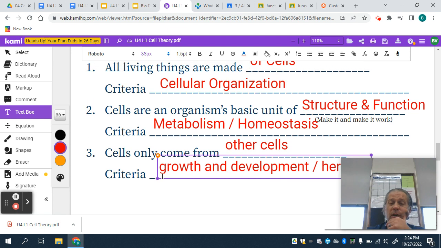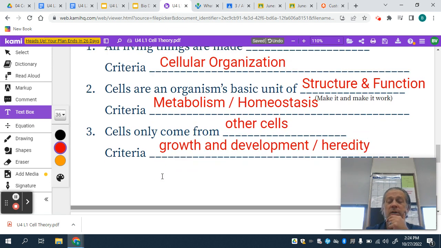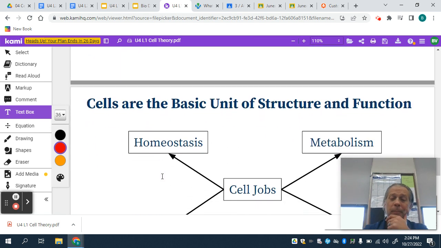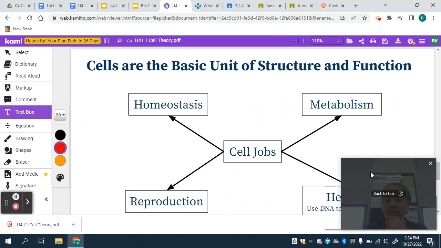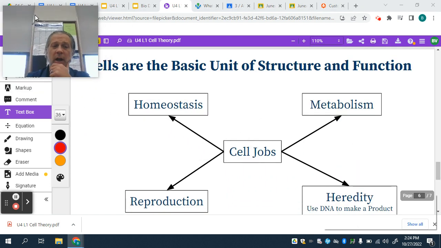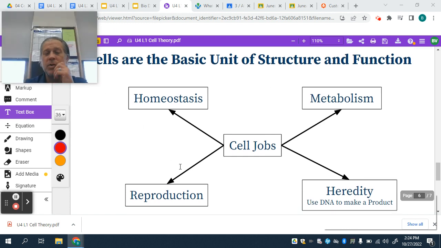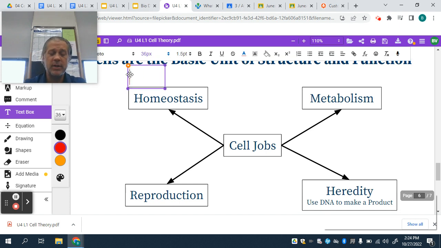So those are the parts of cell theory that you need to be able to talk about or discuss and go over. Now, this particular diagram says cells are basic units of structure and function, and I do want to take a moment or two to talk a little bit about what that means. Cell jobs are things like homeostasis and reproduction and metabolism and heredity. To review, homeostasis is how cells maintain balance or regulate things in the cell.